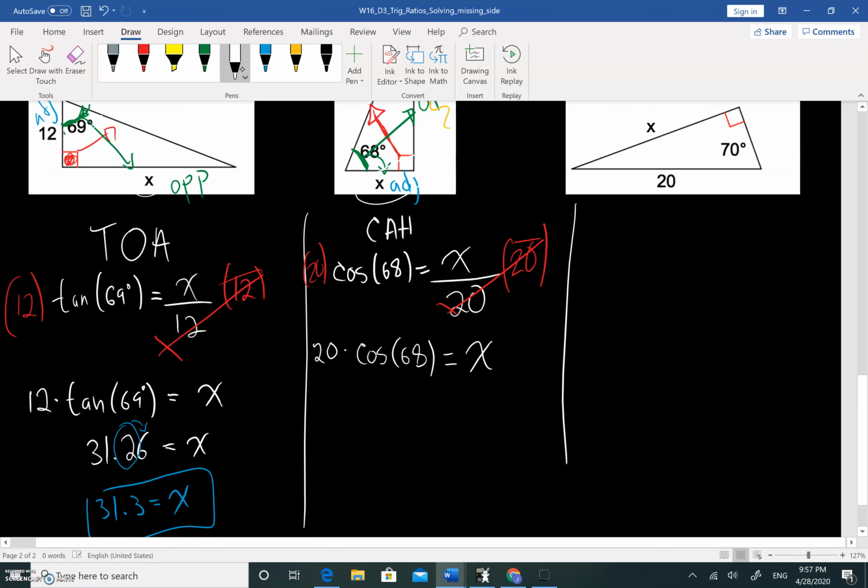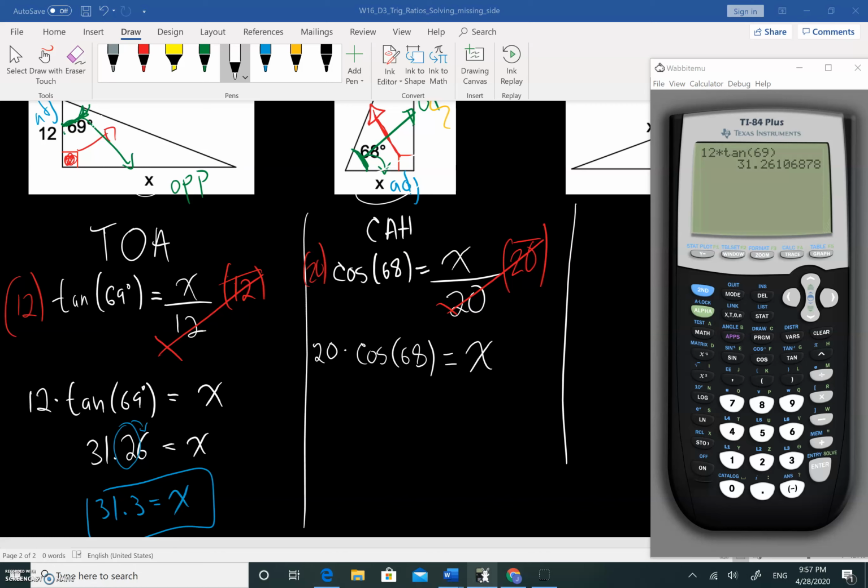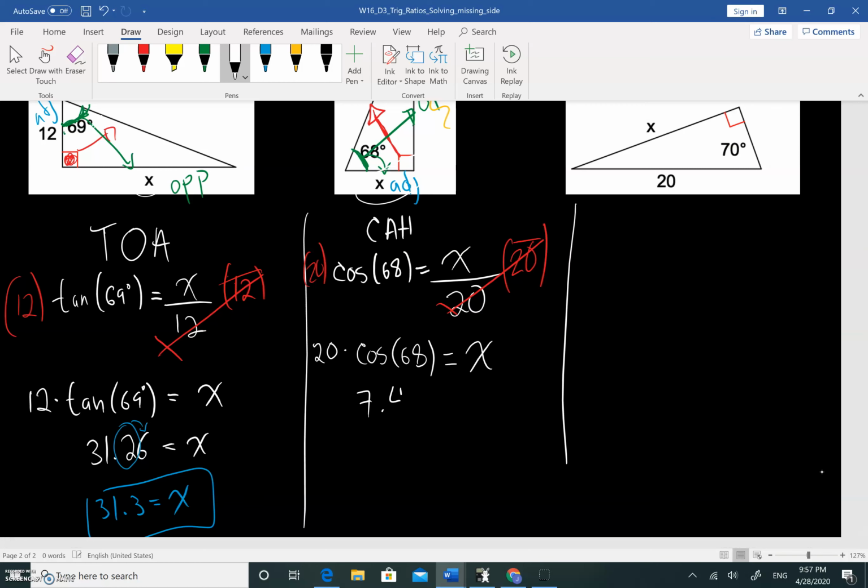So we go ahead and put that in the calculator. So it's going to be 20 times cosine of 68, and that gives me 7.49 is equal to x. And now remember that we're going to round to the tenth place.